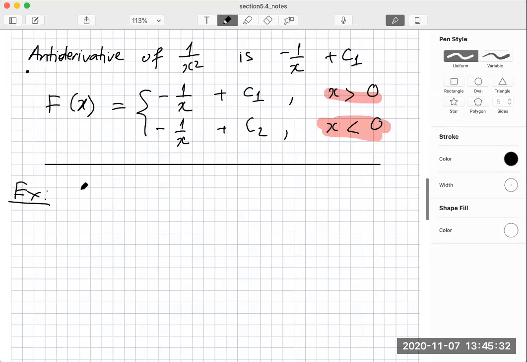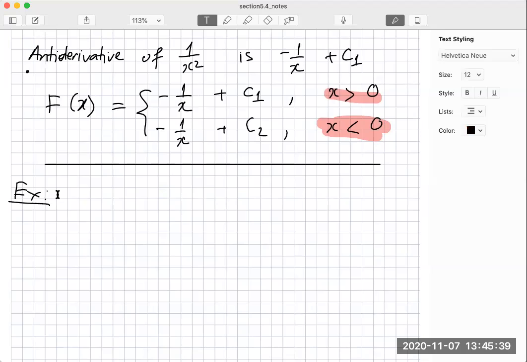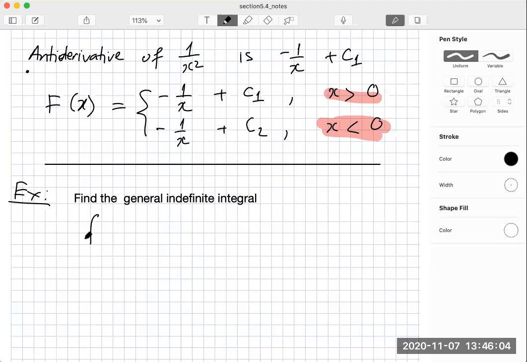Find the general indefinite integral of this one, the integral of x to the fourth minus 2 secant square x dx. Okay.